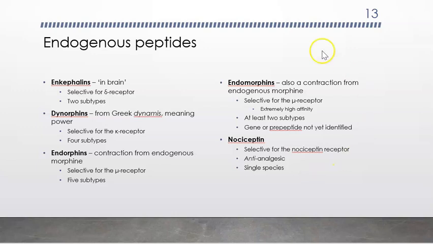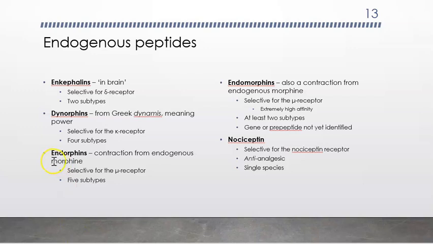Nociceptin and endomorphins are some of the more newly described peptides compared to our other endogenous peptides. So we don't really completely understand their function and expression yet.